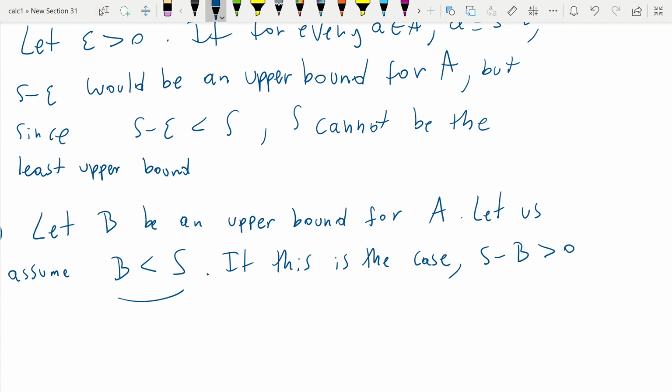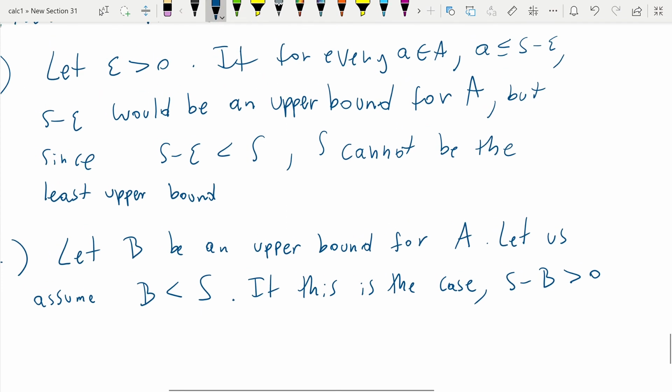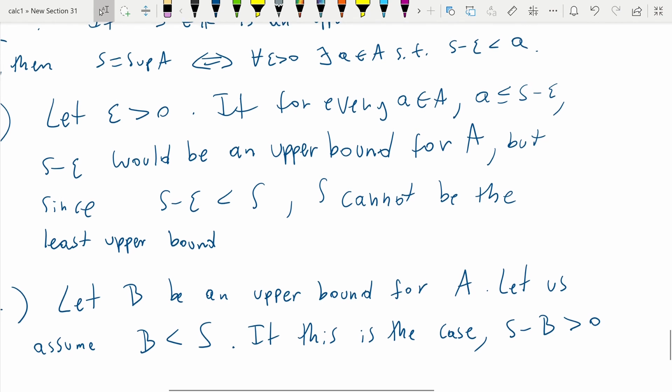This just comes from subtracting B on both sides here. And so now we're going to let this be our epsilon. This is an allowed epsilon here, because the statement on the right holds for any choice of epsilon that is greater than 0.